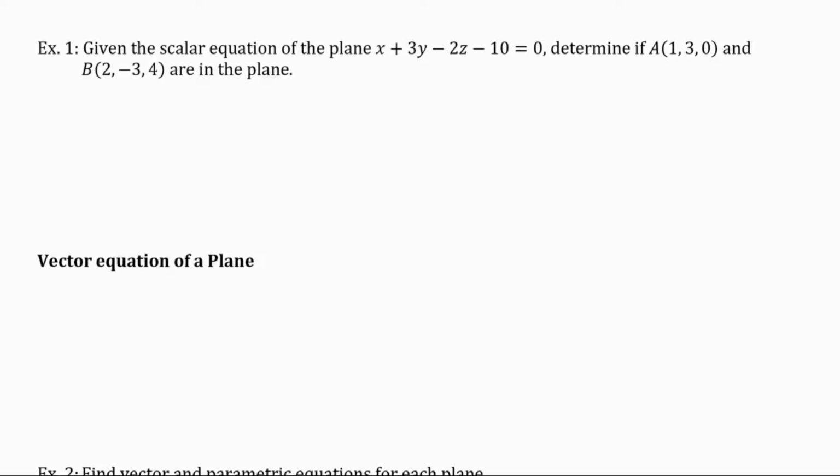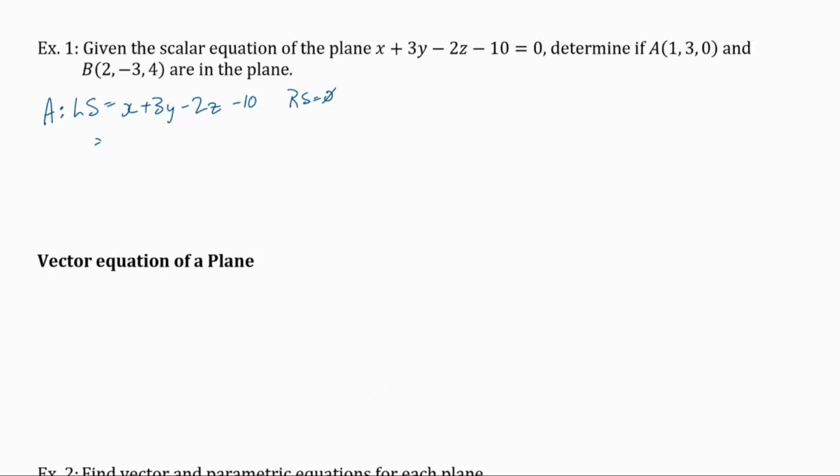Determine if the points A and B are in the plane. How are we going to do this? We're just going to do a left side, right side check. The x, y, and z coordinates will have to balance the equation. So for A, the left side is x plus 3y minus 2z minus 10, and the right side is 0.